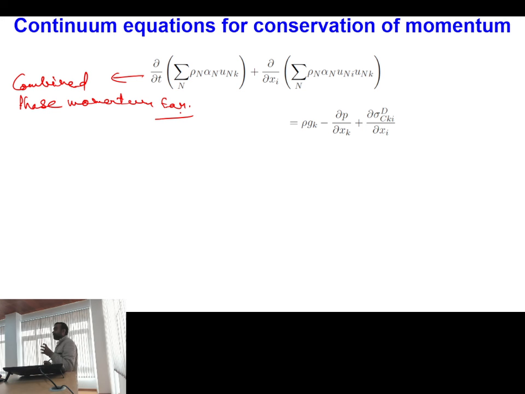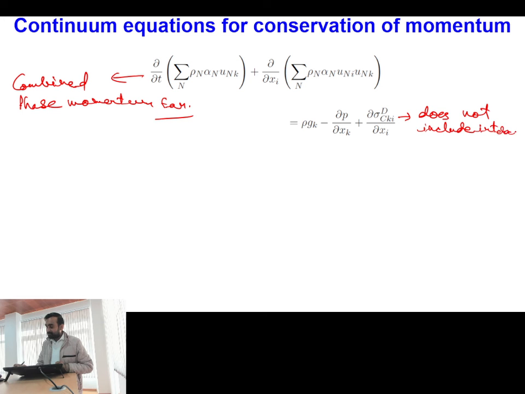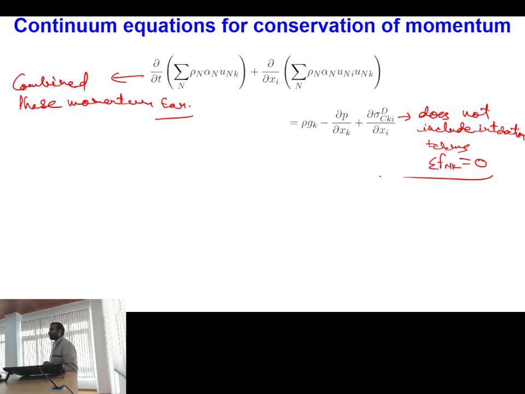One simple attribute of the combined phase momentum equation is that it does not include the interaction terms, summation of F and k. Fine. Because whenever you do this summation, it is zero.